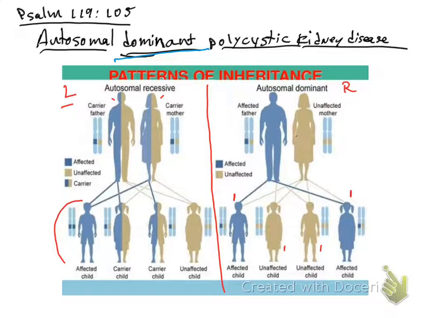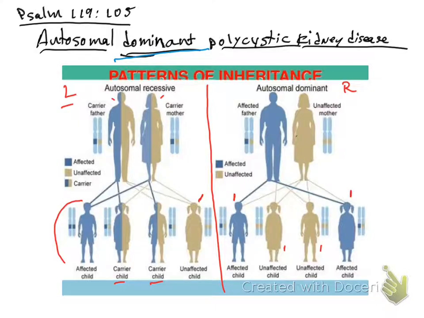What if you get half and half? Then you're going to be a carrier, these two children. But if you get the good gene from dad and the good gene from mom, you're going to have an unaffected child, which is this one. This is the overview of the patterns of inheritance. There are more things, but we're not going to go that deep right now.